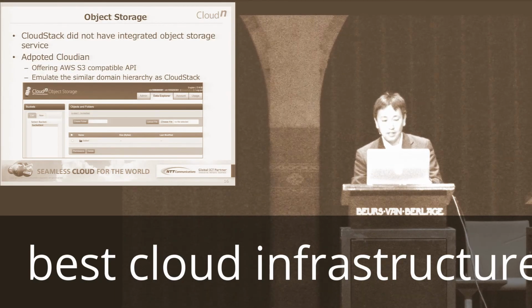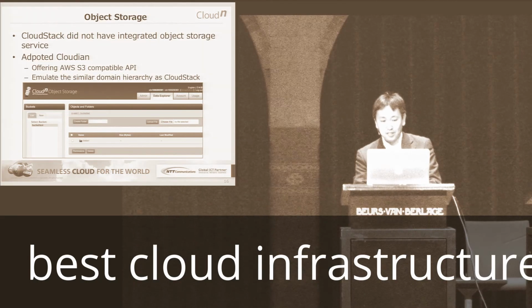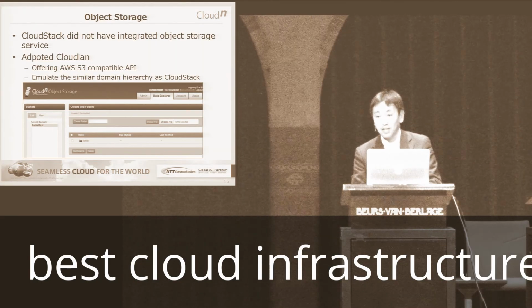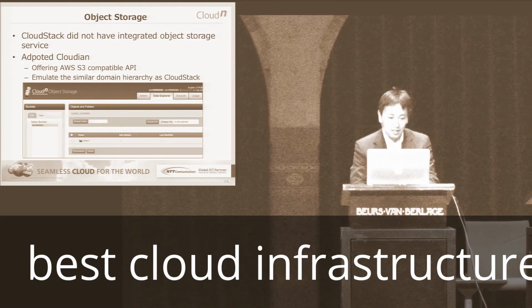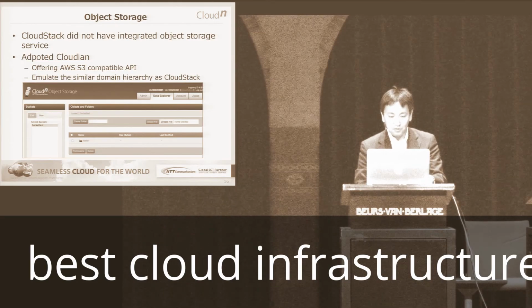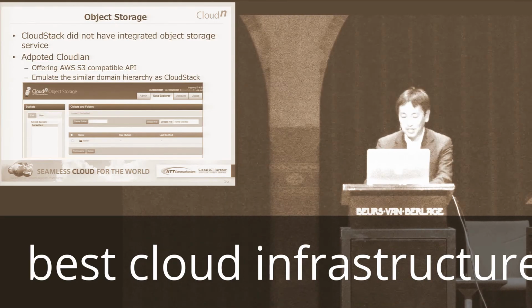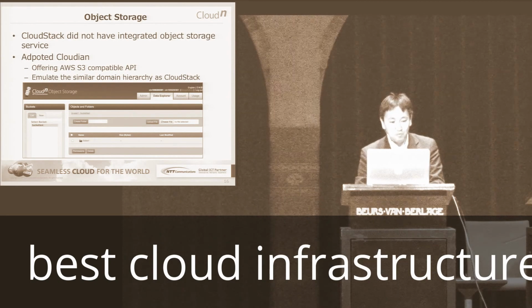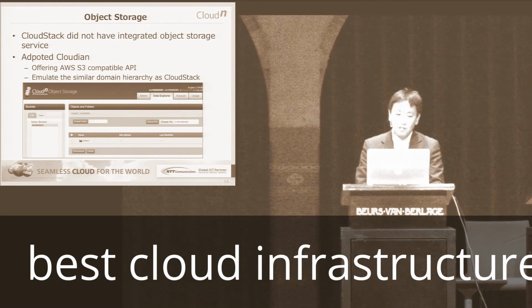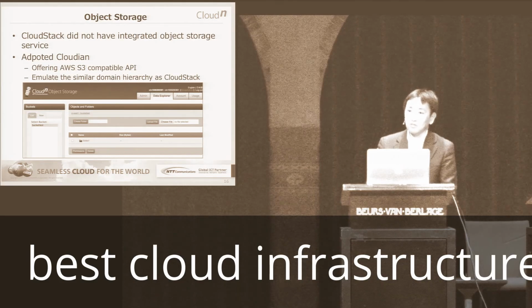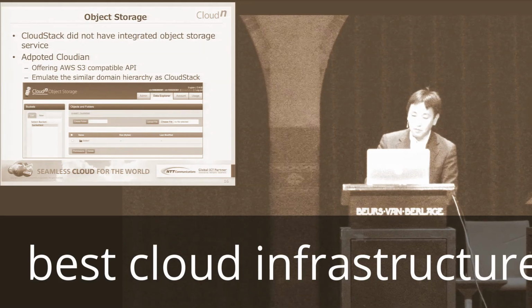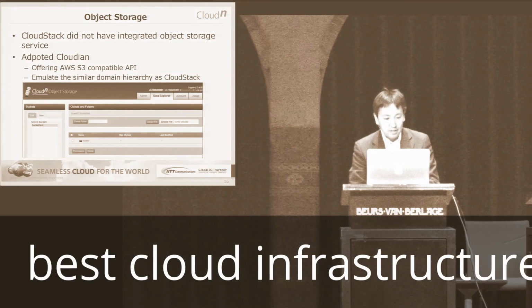Of course, I know that there is an option to enable an experimental S3 interface, but it wasn't really ensured. So we adopted Cloudian, which is Cloudian Inc., which was known as Gemini Technology before.